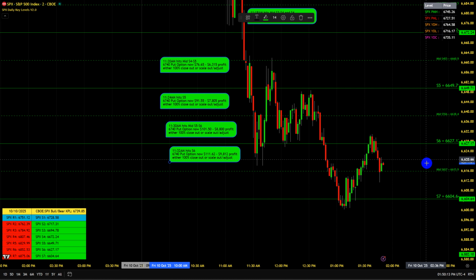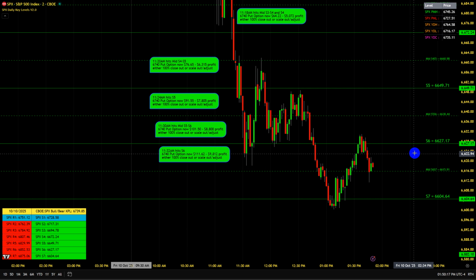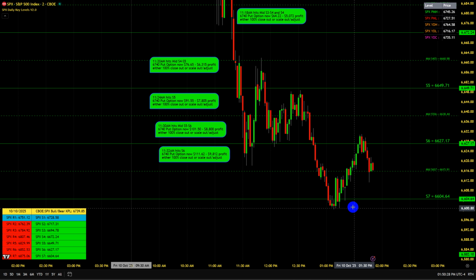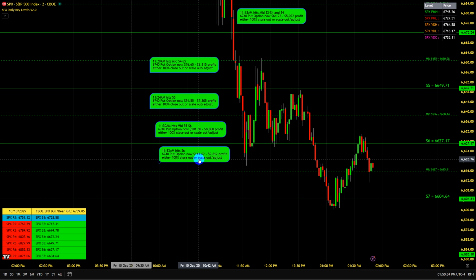So the difference between S7 and S6 is about $23. So if you add $23 or so to this 111.62, when it hits down here finally at S7, this would have been about $134 here.